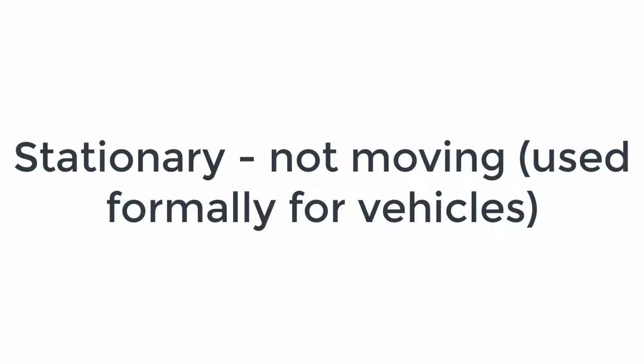Okay, and whereas the adjective stationary, which is STATIONARY, stationary means it's not moving, okay, and it's used formally for vehicles. So the car was stationary out the front of the police station, for example.